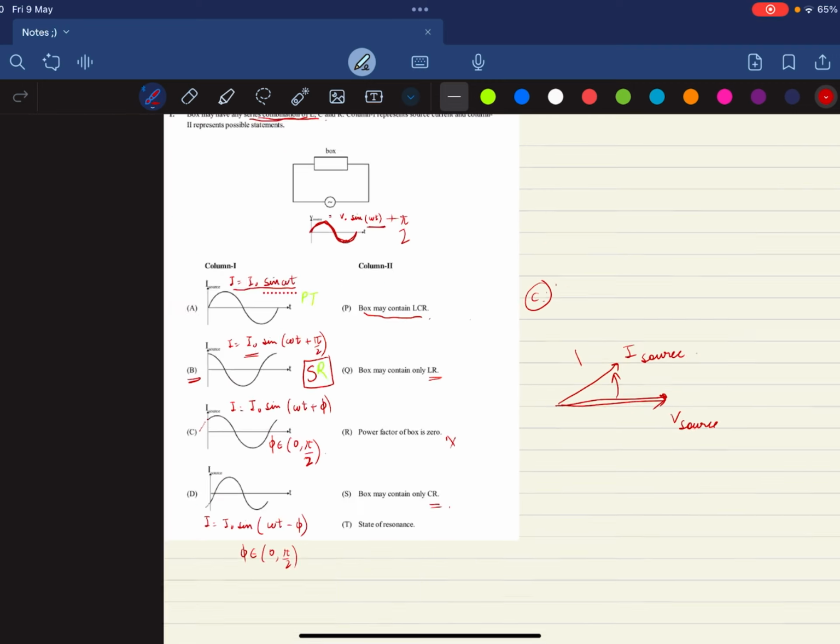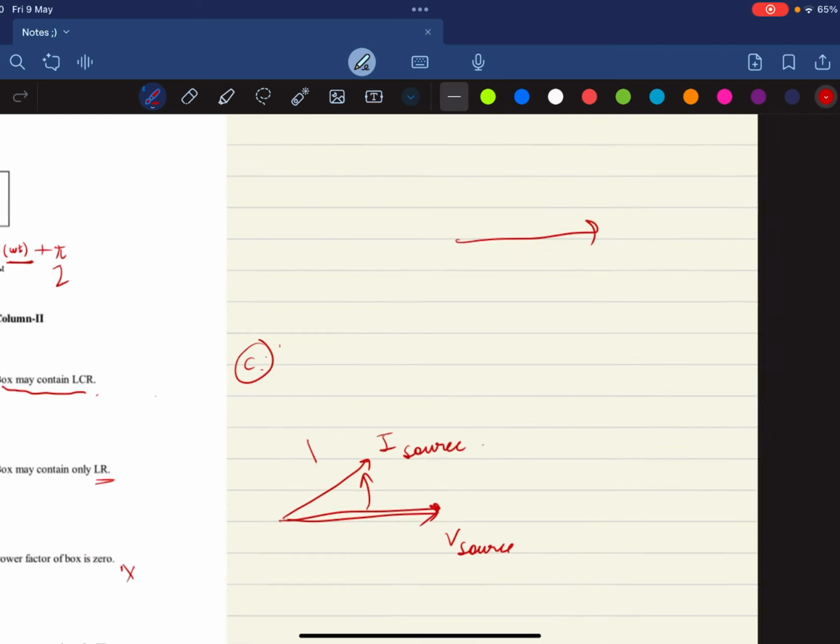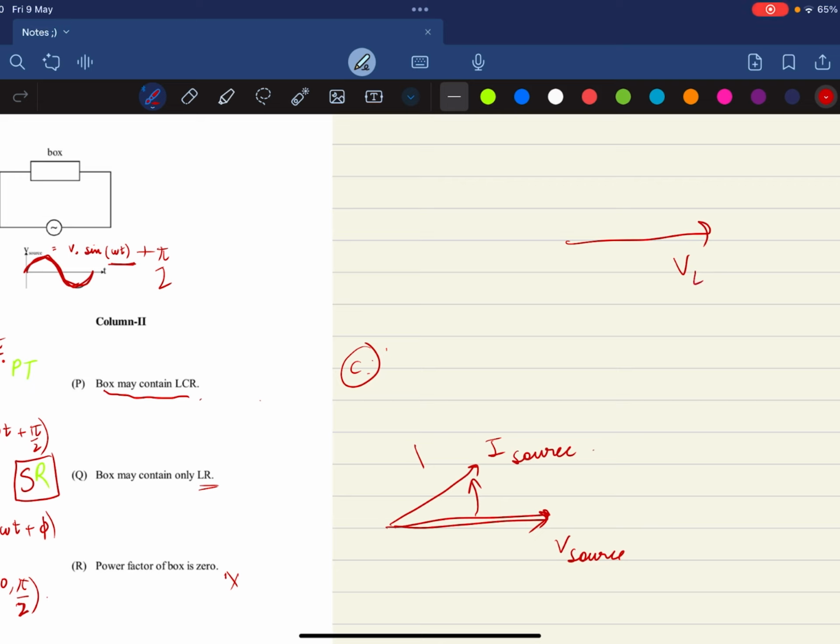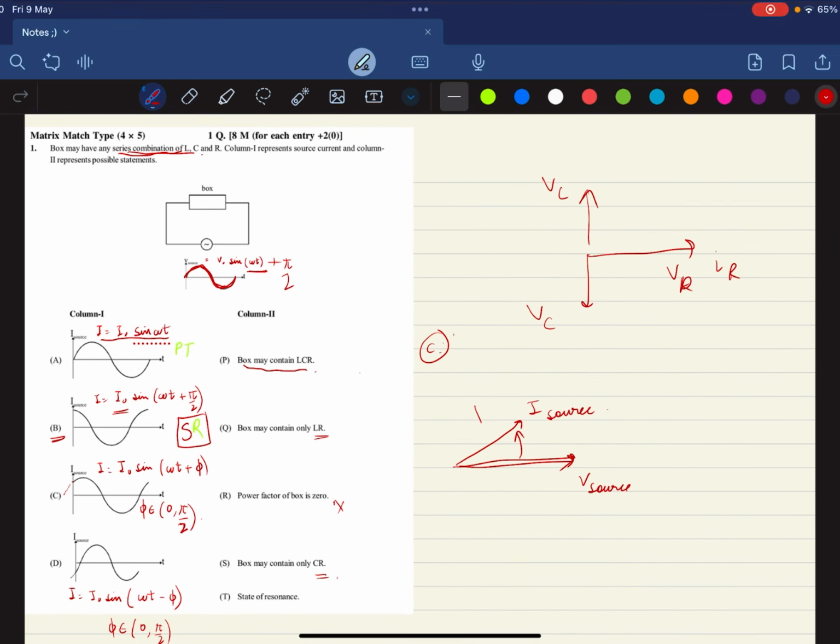Now let's see when this is possible. We have VR here and IR here, VL, VC. When is it possible that current is ahead? When there is just CR, right?